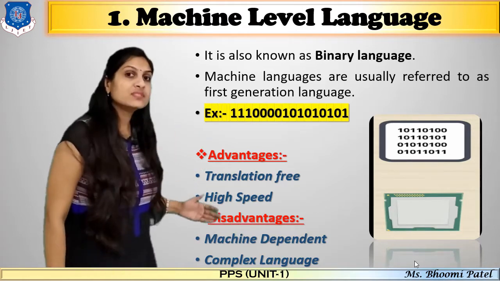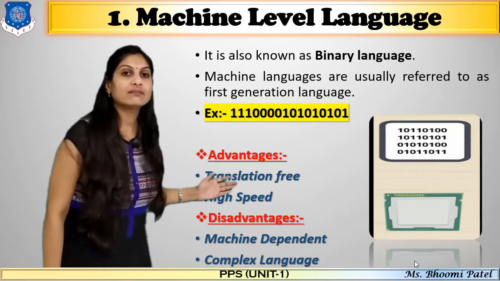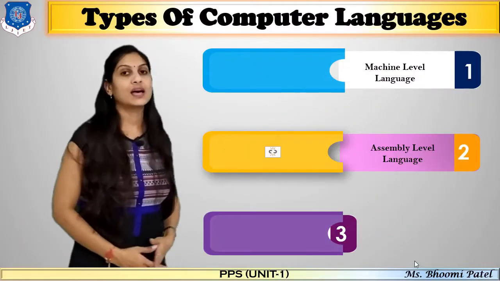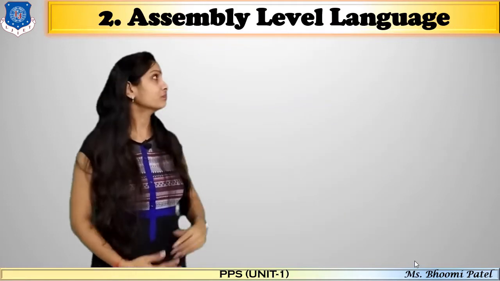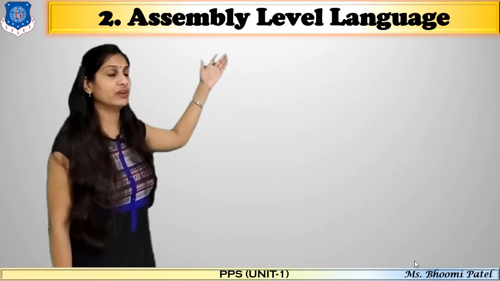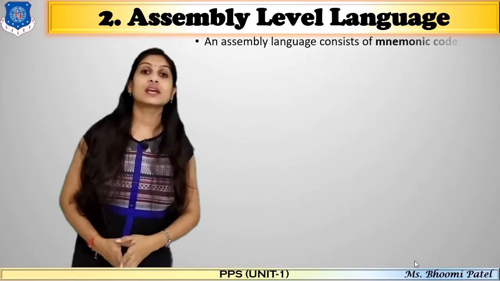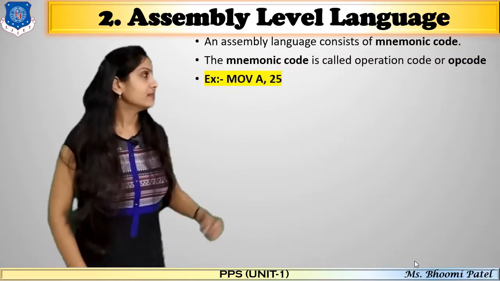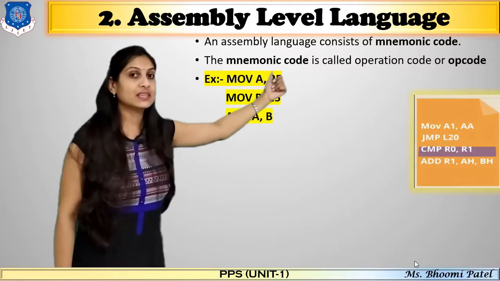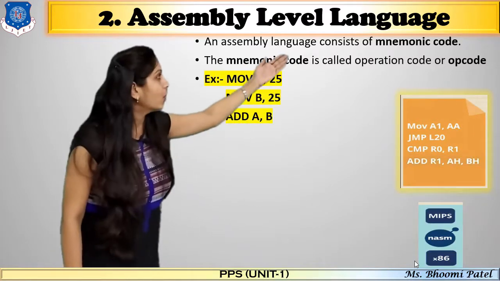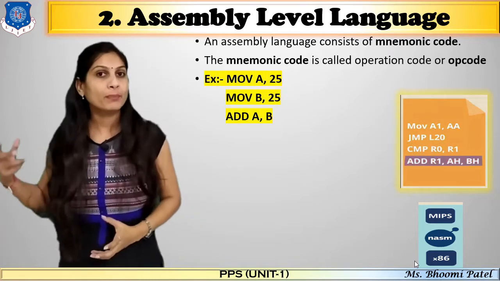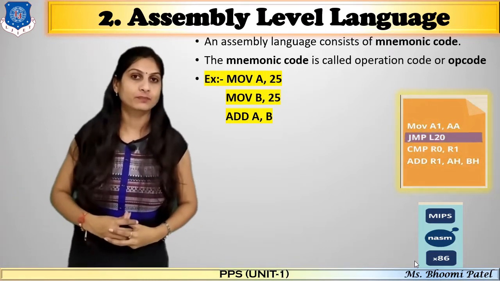Now, to overcome such problems of machine level language, we have another language, that is assembly level language. In an assembly level language, instead of zeros and ones, we are now using mnemonic codes, and these mnemonic codes are nothing but the operation code, or we can say opcode, that specifies which operations we have to perform.